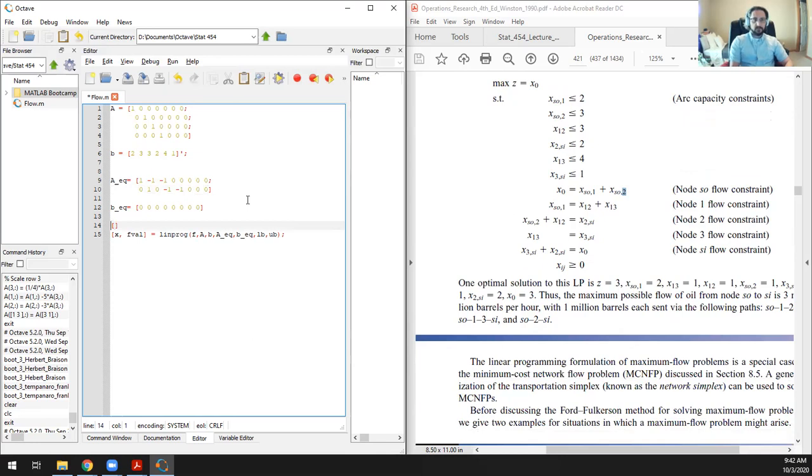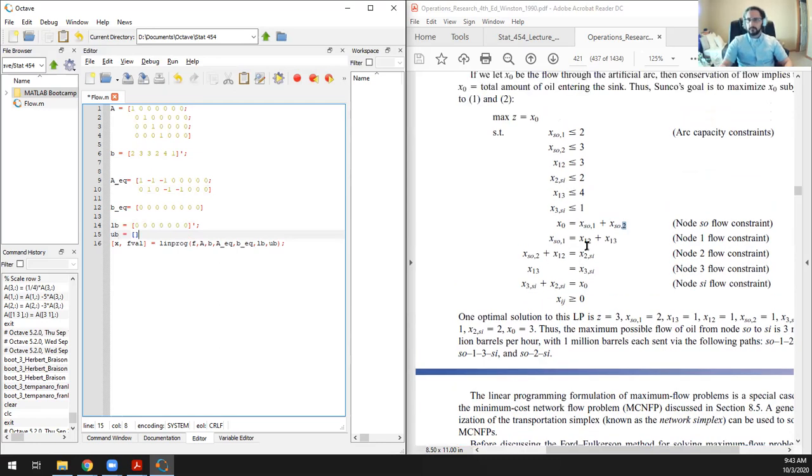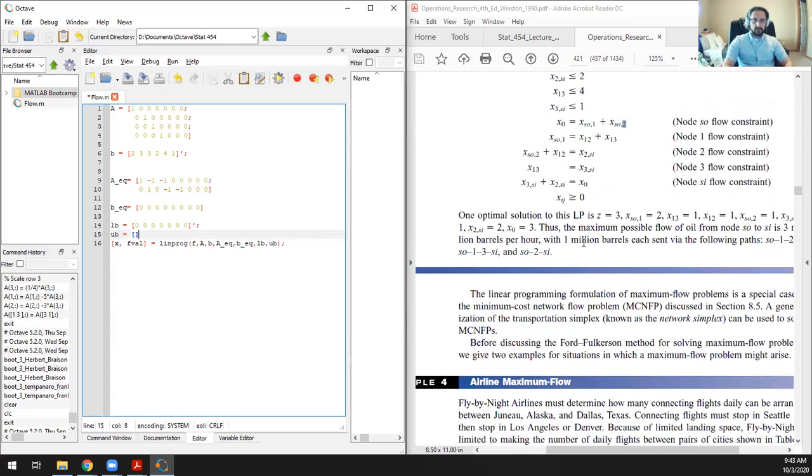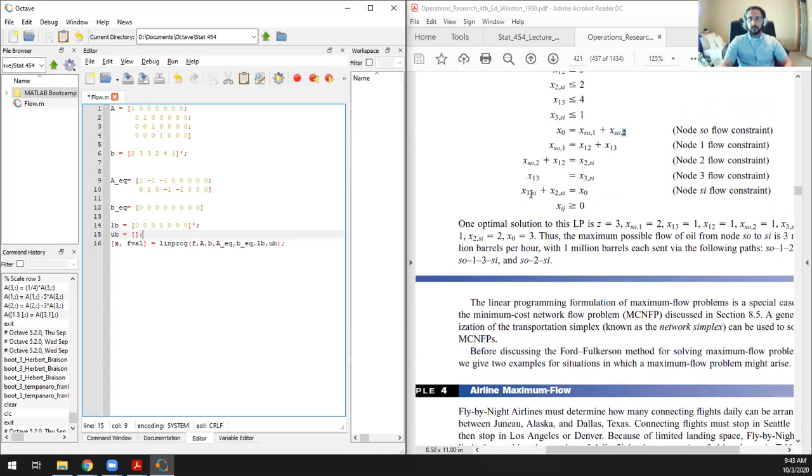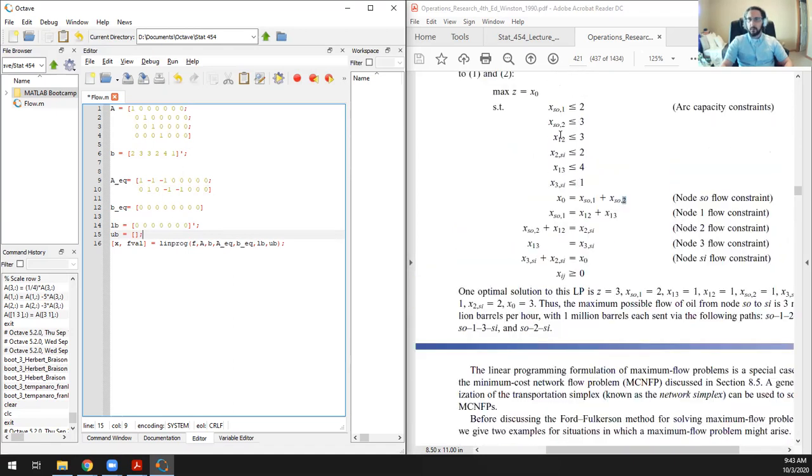Remember, lower bound is going to be all zeros. And then upper bound on this one, because there is no upper bound of flow, you're going to have an expression that's empty. Obviously, these aren't the exact matrices. You're going to have to go through and create them one by one. Just label them appropriately and do all of the subtraction.